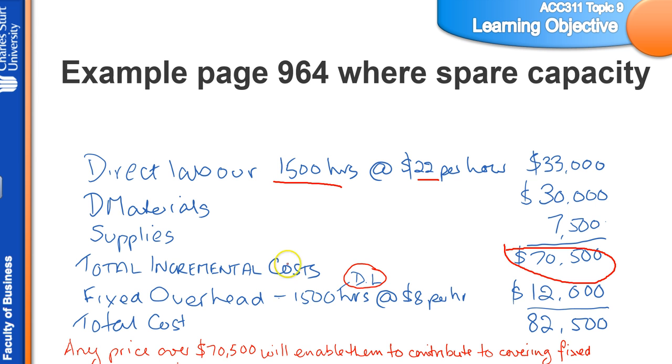Our fixed overhead was 1,500 hours at $8 an hour, which is $12,000, and our total cost is $82,500. So where there is spare capacity, any price that gives us a return of more than $70,500 will enable the business to contribute to covering fixed costs and making some profit. So a price set on that basis will be appropriate.